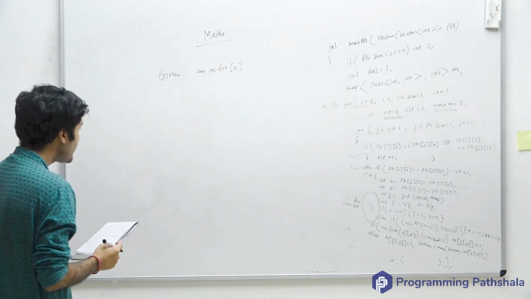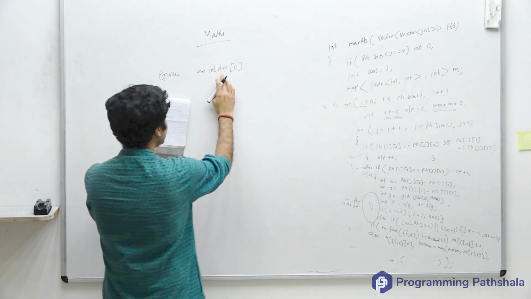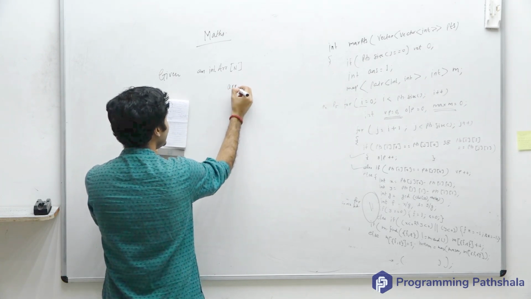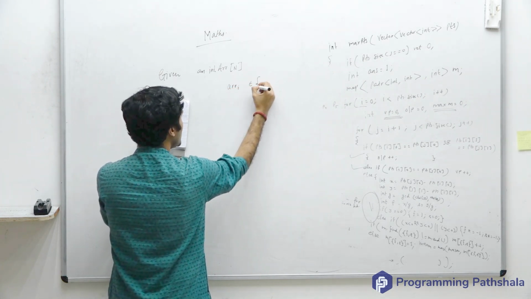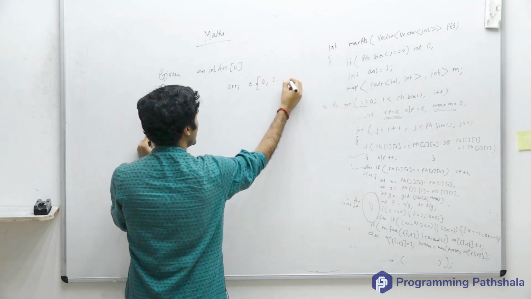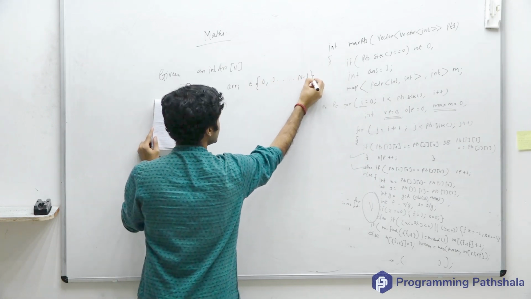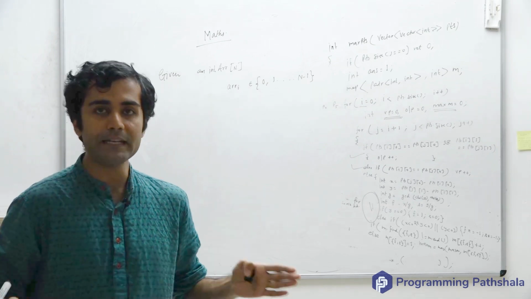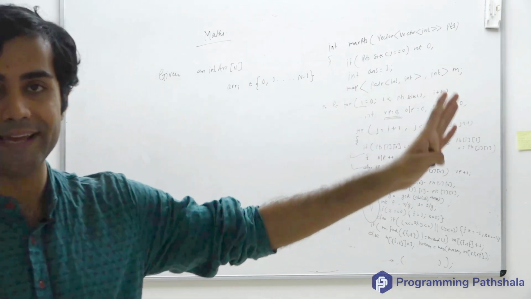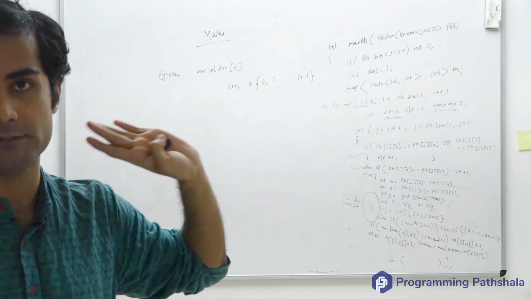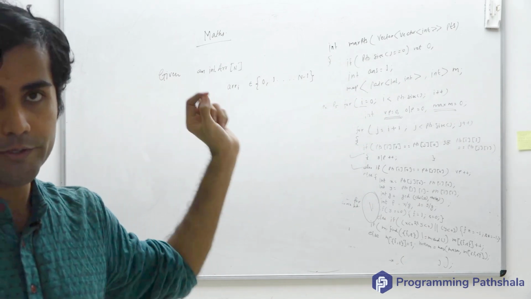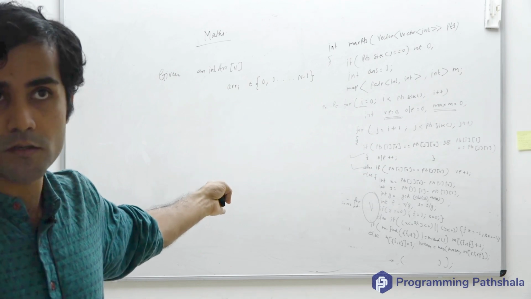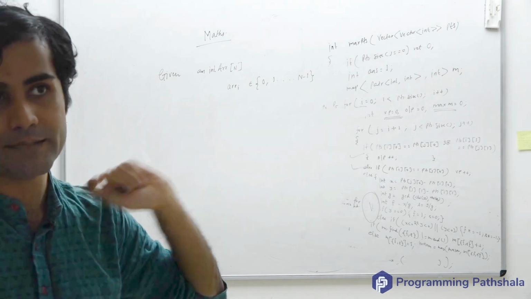Any ith element of this array will be some number between 0 and n minus 1, where n is the size of the array. So no element in the array will be smaller than 0 or greater than n minus 1.